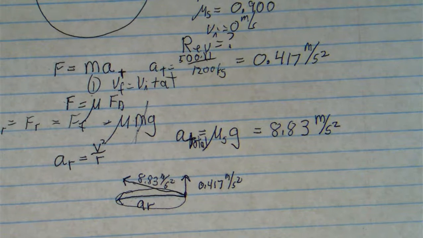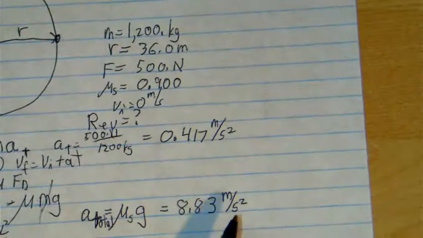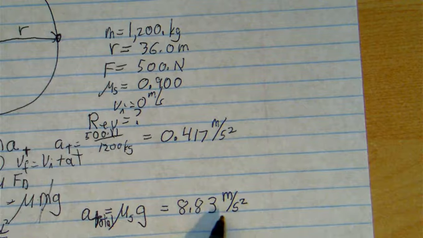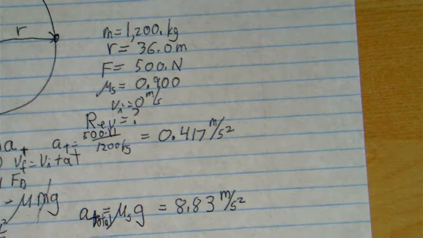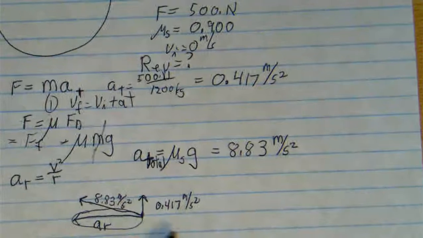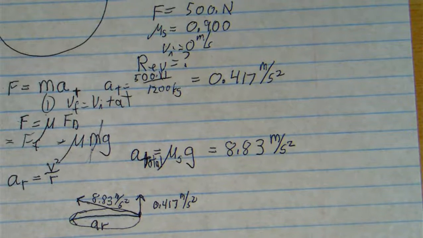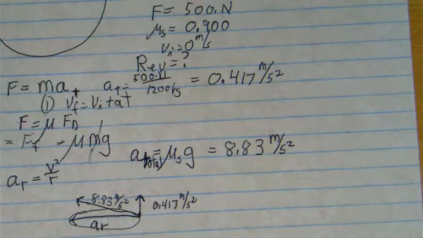I'm going to use the Pythagorean theorem and ask, what is the square root of 8.8, and I know this was actually 8.829. I think I will go ahead and put that back in to 4 sig figs. 8.829 squared minus 0.4167 squared.